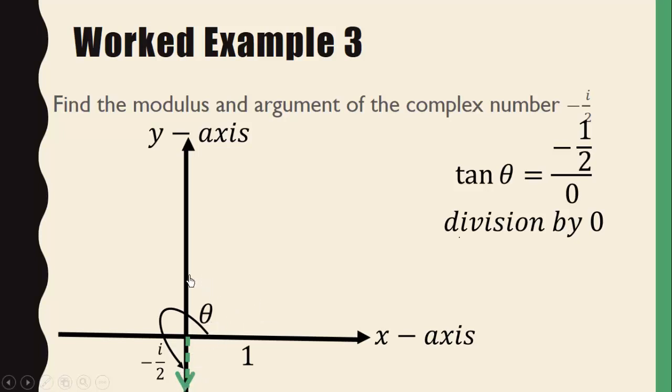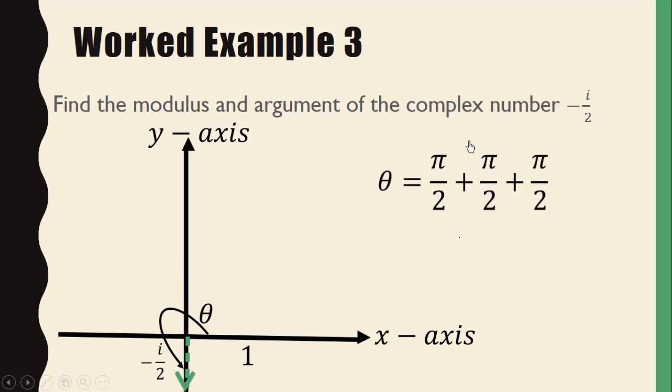So this will give us pi over 2, another pi over 2, another pi over 2. So you know the angle theta is given by pi over 2 plus pi over 2 plus pi over 2, and this will give us 3 pi on 2. It's over here. So it's not always that we go strictly according to the formula. The understanding is very important, especially when the complex number is coinciding with the axis.